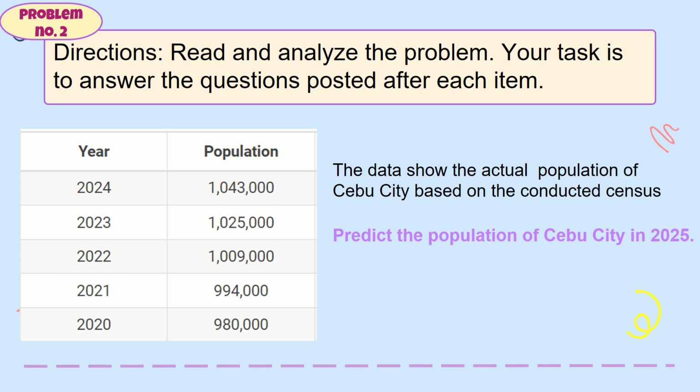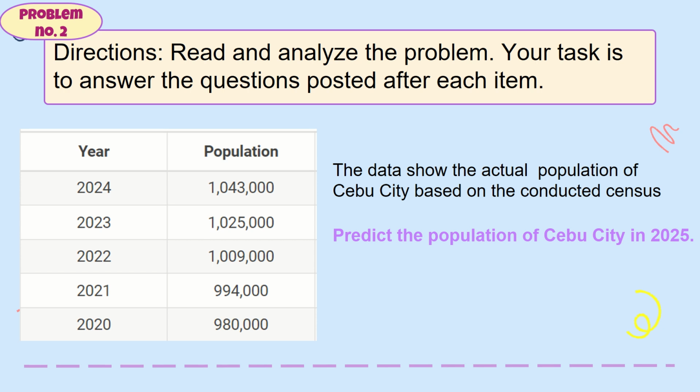data that we have. So again, we'll be using regression analysis this time. But this time we'll be using Microsoft Excel for us to make our work easier. But just to go back to the steps again, you need to first find the values of the summation of x, y, xy, and x squared. Once you find those values, then substitute them to find the values of a and b.